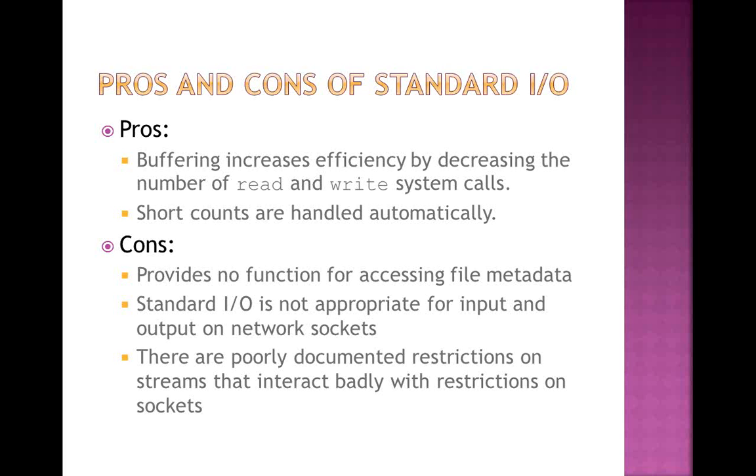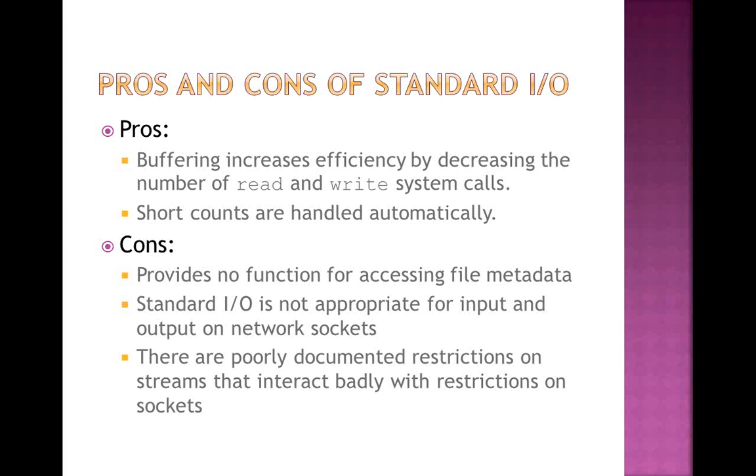What are the cons, that is, what are the limitations? It provides no function for accessing the file metadata. That is, there are no standard input output functions for accessing the file metadata. Next limitation is that it is not appropriate for input and output on network sockets.